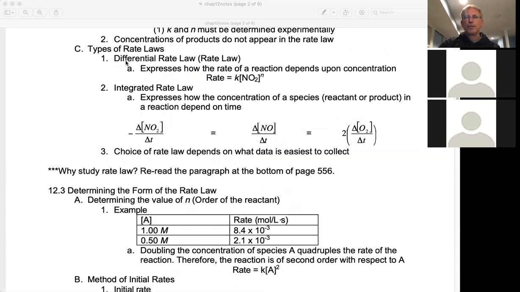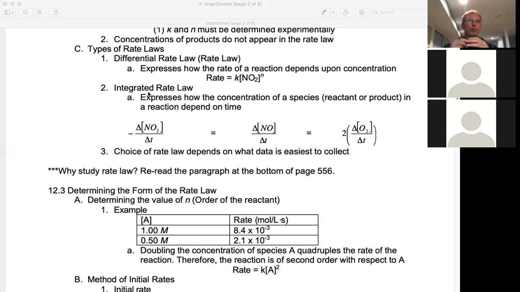There are differential rate laws and integrated rate laws, because this is essentially a calculus unit with no calculus in it. If you took this class in college, you would need a calculus background, and they would walk you through everything.